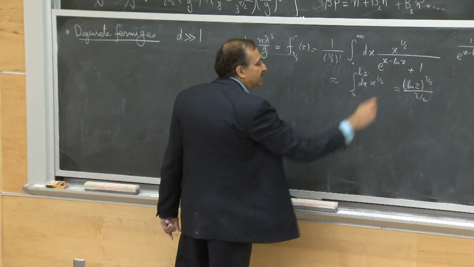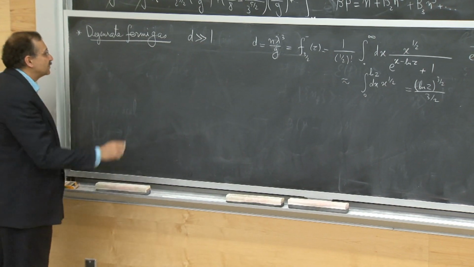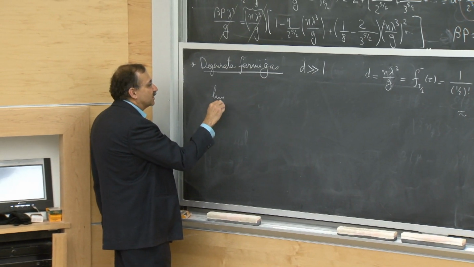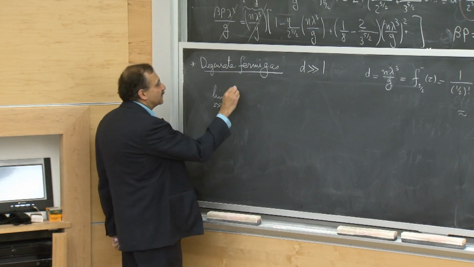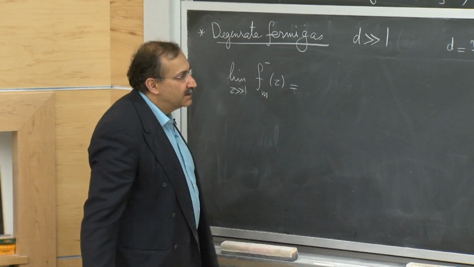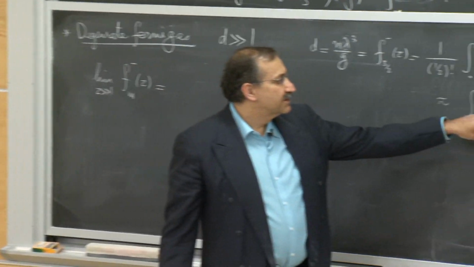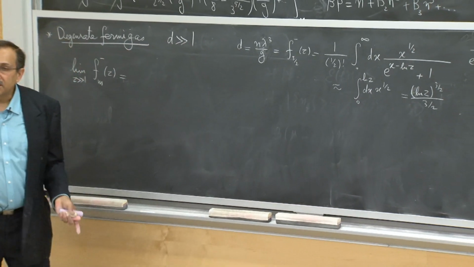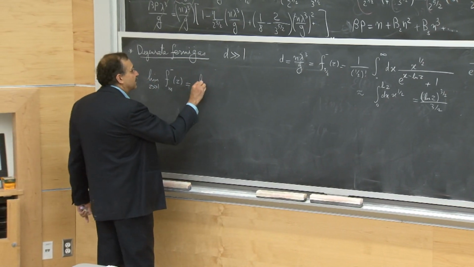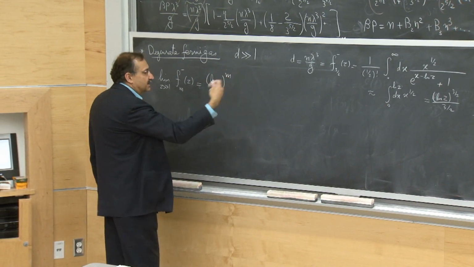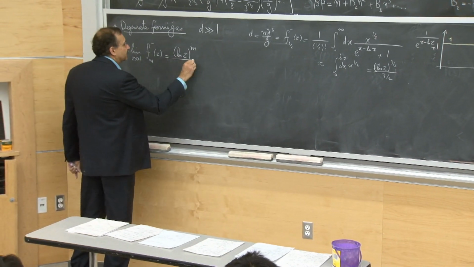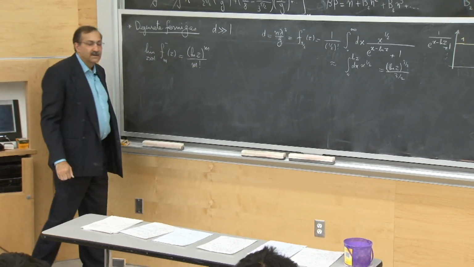I would be integrating x to the m minus 1. So you would conclude that the limit as z is much, much larger than 1 of one of these functions fm minus of z is obtained by integrating 0 to log z dx x to the m minus 1. I will get another factor of log z, and then I will get log z to the power of m divided by m, multiplying by 1 over m minus 1 factorial. It will give me m factorial. Okay?